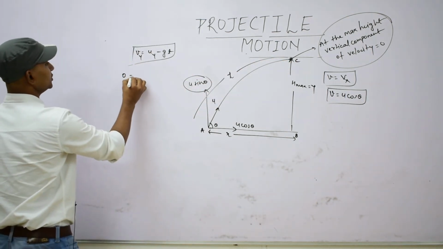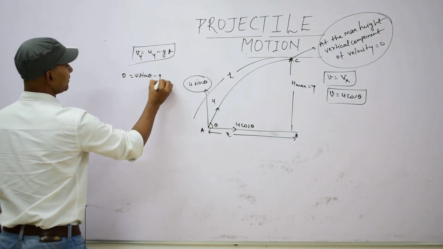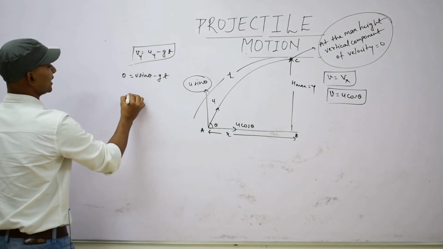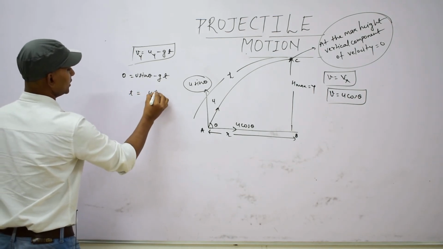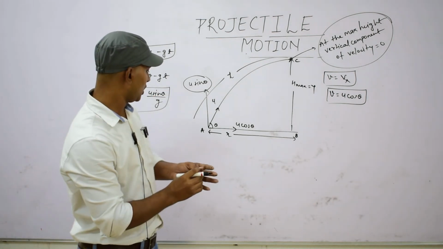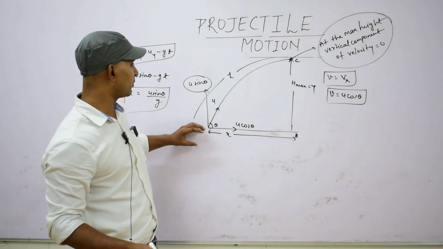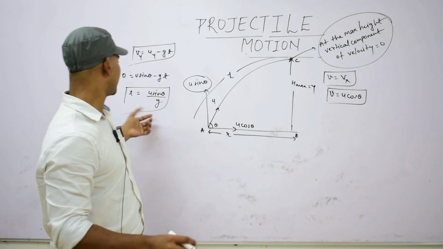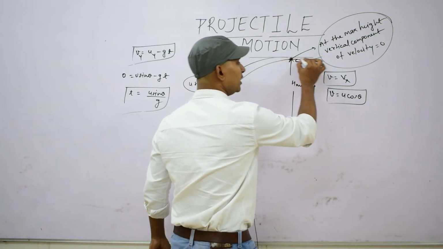So putting u sin theta minus gt equal to 0, from here you can get the value of t, that will be u sin theta upon g. Means for a body reaching maximum height from the ground, the time taken is u sin theta upon g.